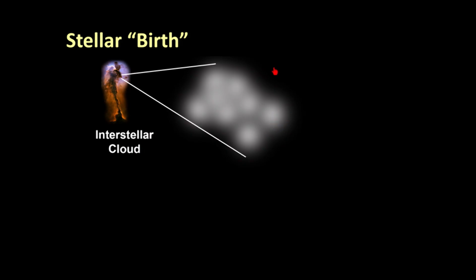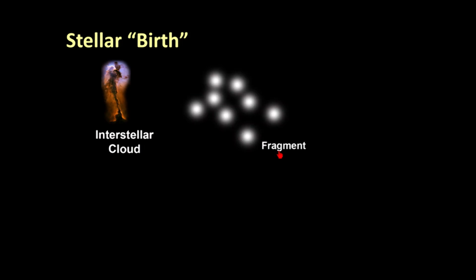Now, gravity is going to be most efficient where there is most material. Gravity depends on mass. So inside of these very dense pockets of gas and dust, gravity is more powerful. And in places in between where there's less material, gravity is going to be weaker. So as time goes by, as we just simply let gravity do its job over a period of time, this cloud is going to separate into fragments.